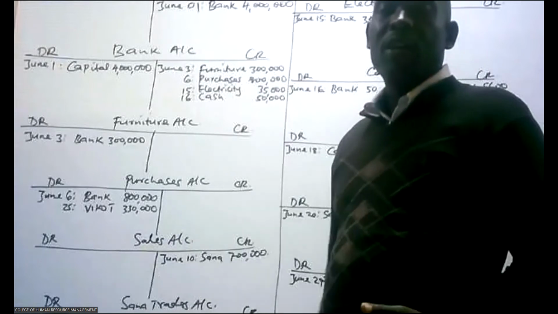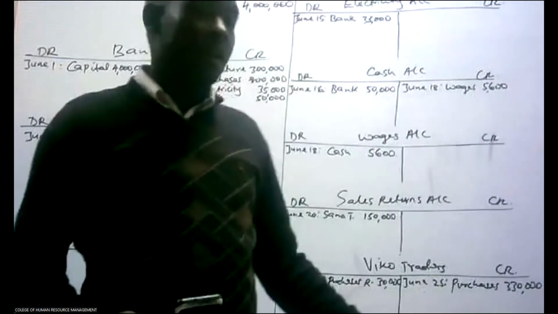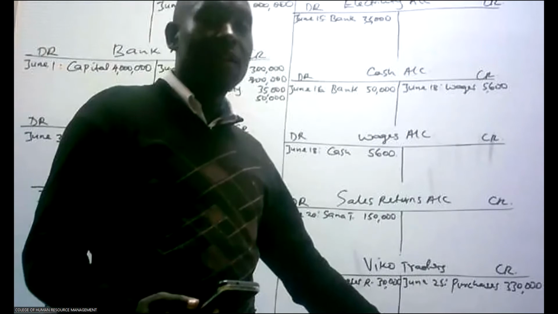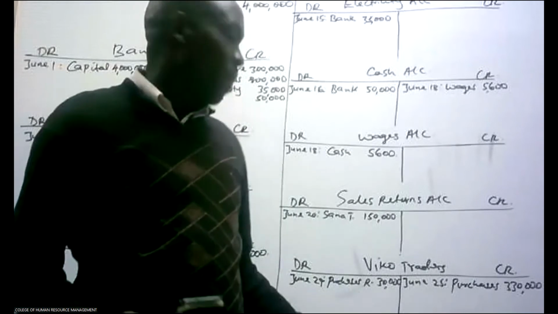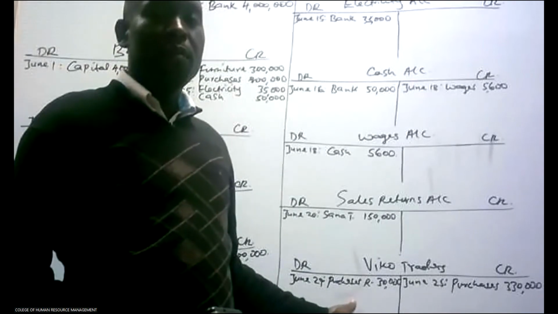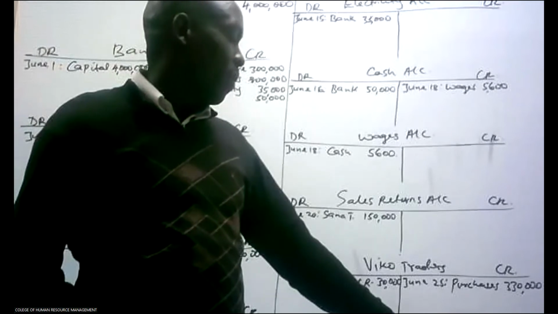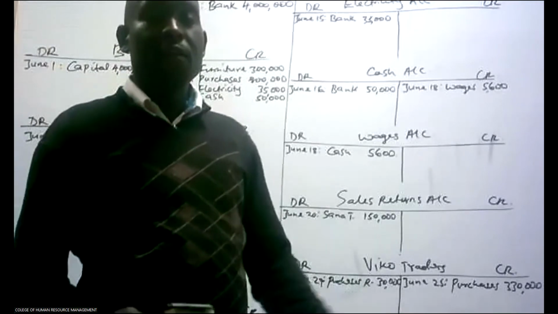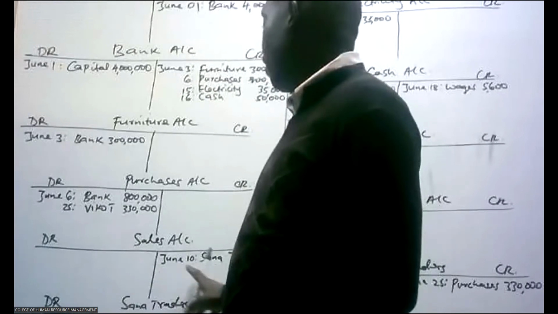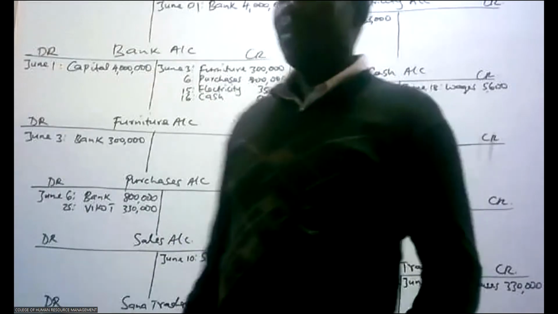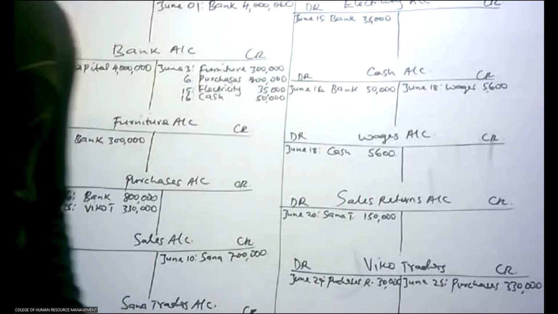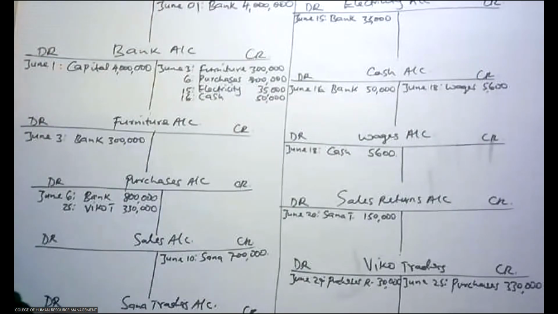And then you credit the customer. For the purchases returns, you credit purchases returns, you debit the supplier, as we did here. But if it is sales returns, credit the customer, debit sales returns. That is the procedure. Somebody was asking a question?